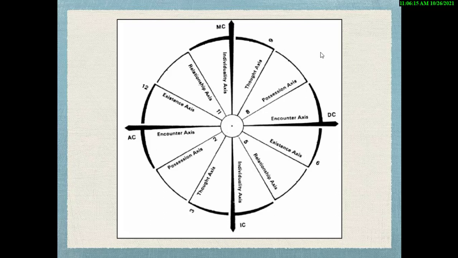This is showing you how we relate to the houses in Huber, and I'll just quickly unpack this for you. The first house and the seventh house axis is called the encounter axis between the self and others, whether they're relationships in everything from marriage to partnerships to business orientation.